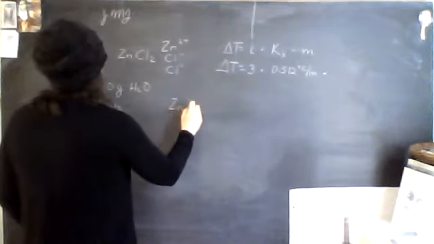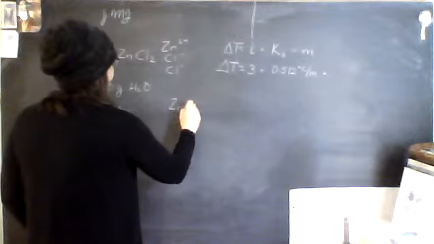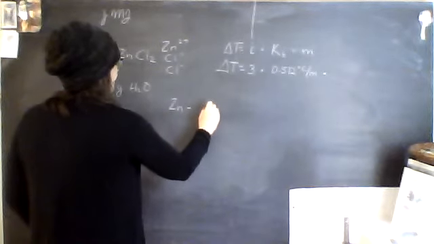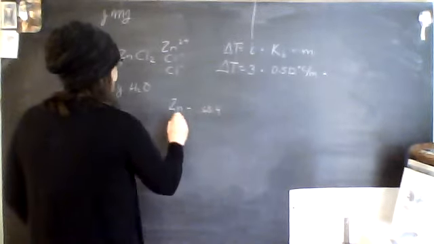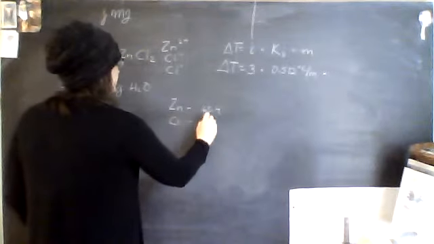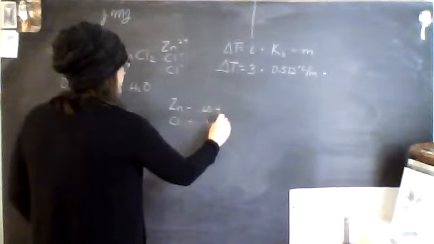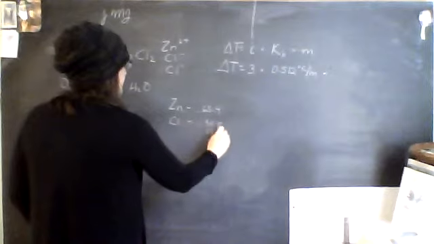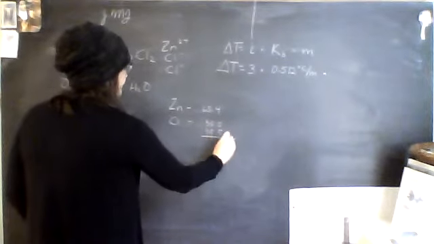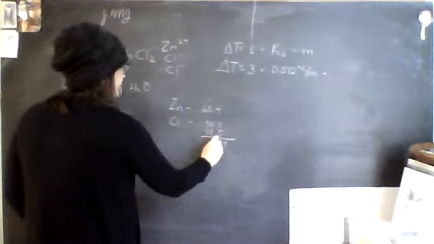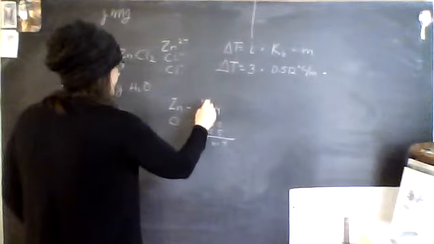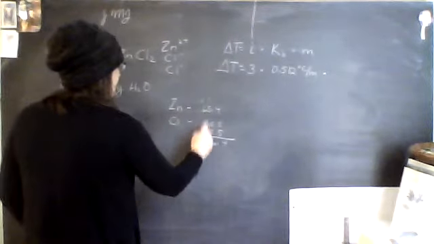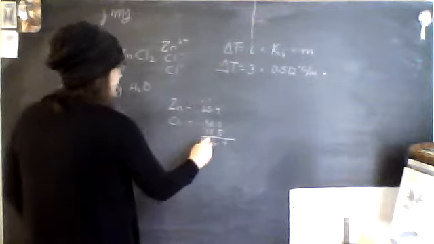Okay, so zinc, what's the weight again, please? 65.4. And the Cl? 35.5. 136.4, that's what you got?